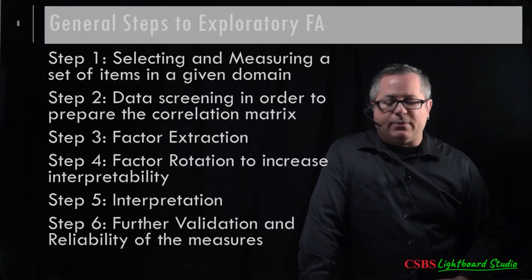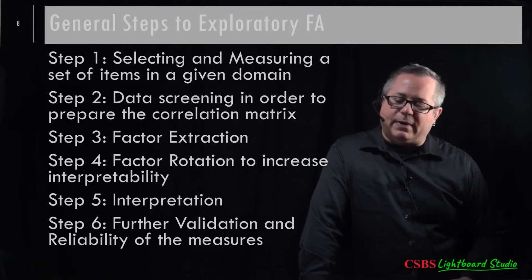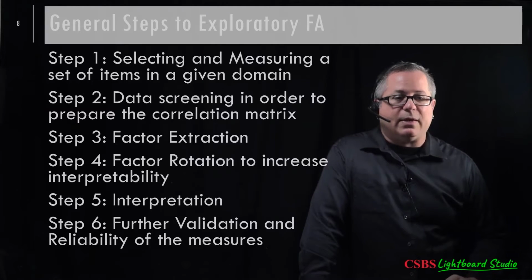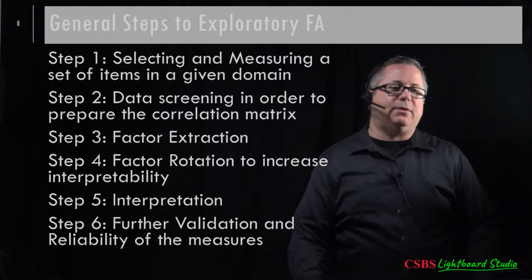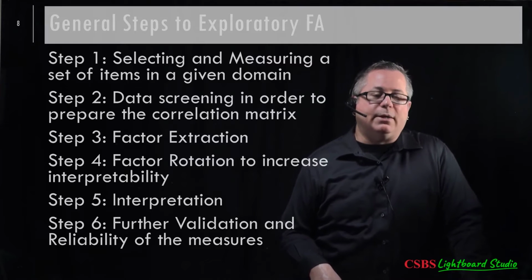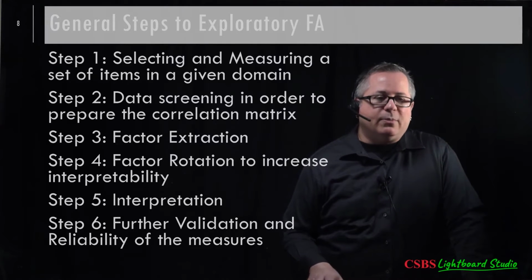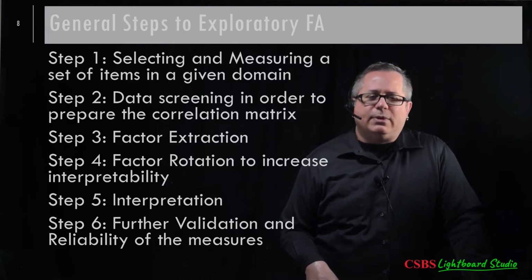So the first step in an exploratory factor analysis is what's called factor extraction. That's just a fancy word for saying let's identify how many factors are in the data. How many different underlying factors do we need to explain the relationships between the items? And once we come to some decision about the factor extraction, then there's something called factor rotation.